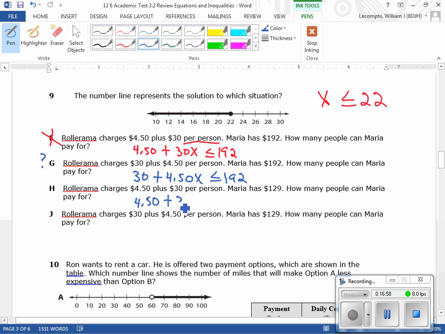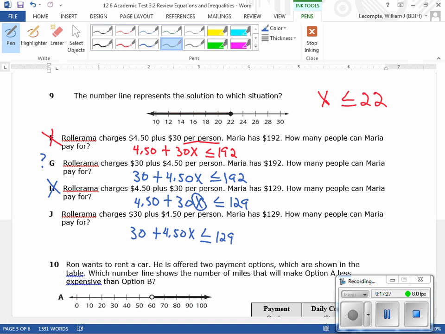Well, F didn't work because when I put in 22 for this X, it gives me $660, and there's no way that's less than 129. All right, so we're going to do the last one. We're going to use 30 plus 450 per person is less than or equal to 129. So we have to solve those two equations for G and J.